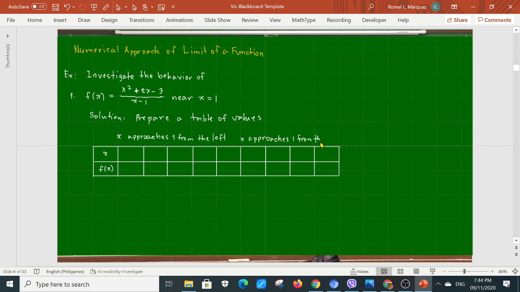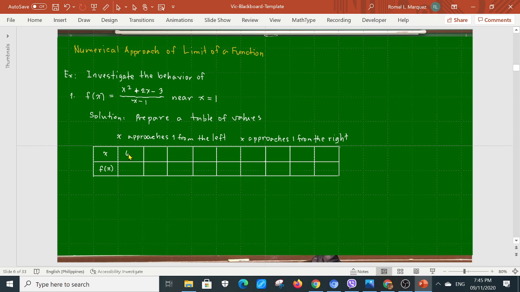So from the left, we assign values close to 1, but less than 1. Because from the left, it's enough that it is close. So meaning, do not exceed x equals 2, because 2 is not really close to 1.